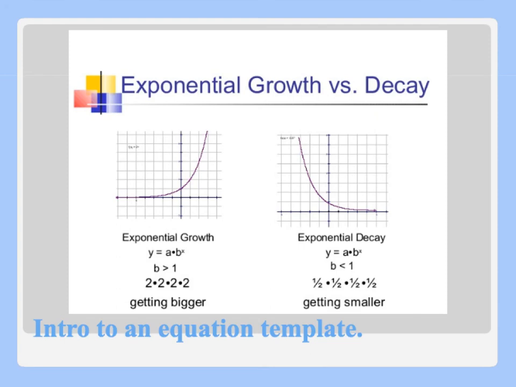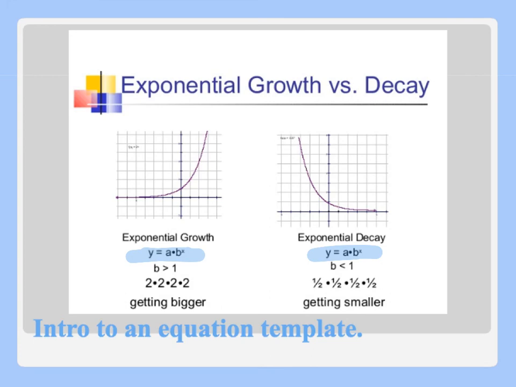So if you look up exponential growth or decay on the internet, you're going to find this basic equation. But we are going to use it slightly different. We're a mathematical community, we get to do that.